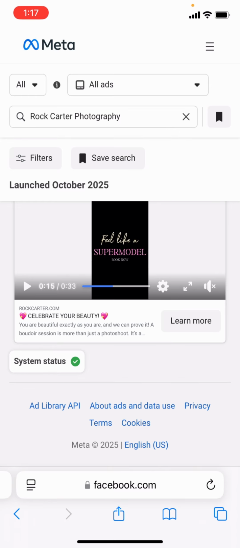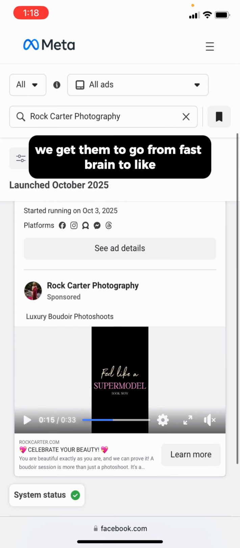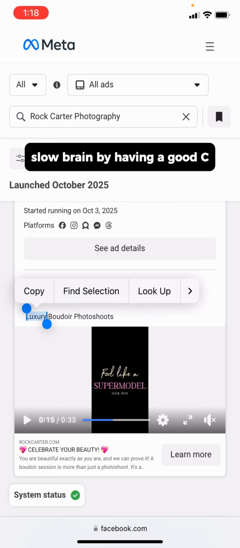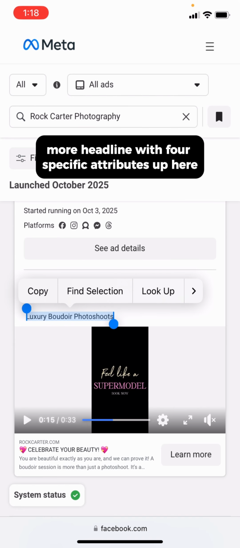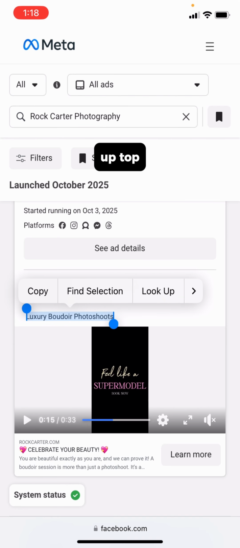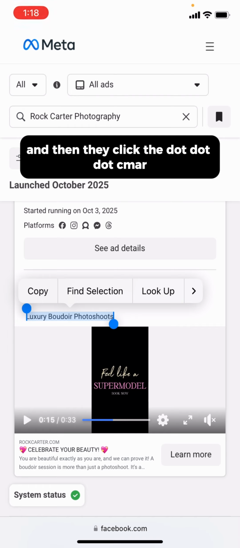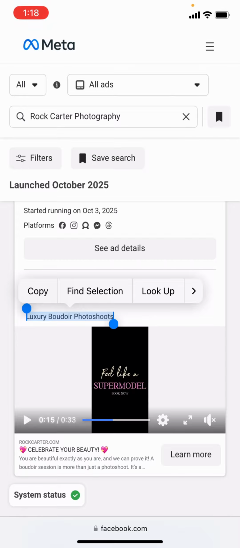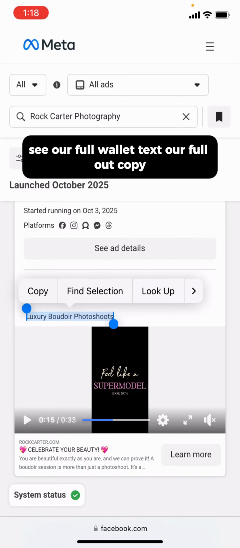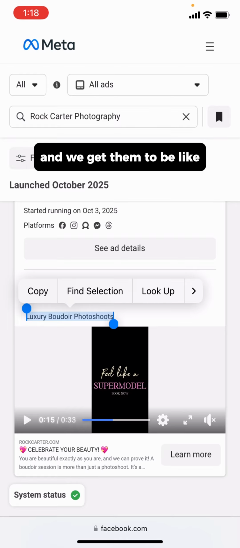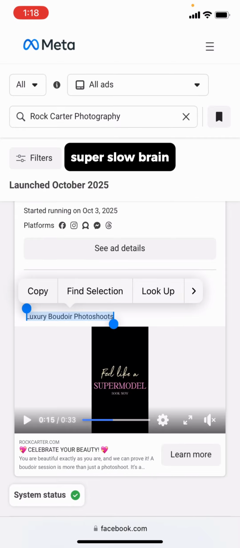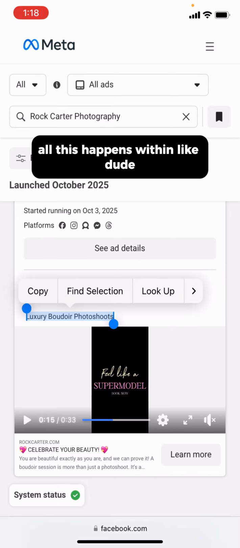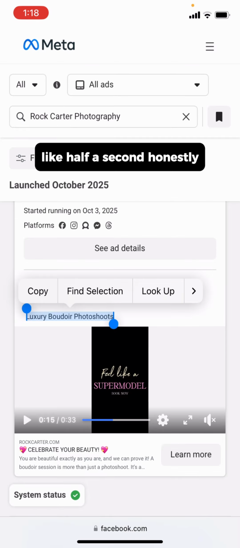But we get them to go from fast brain to slow brain by having a good see more headline with 4 specific attributes up top. And then they click the ... see our full wall of text, our full ad copy, and get smacked in the face with it, and we get them to be super slow brain. All this happens within half a second, honestly.